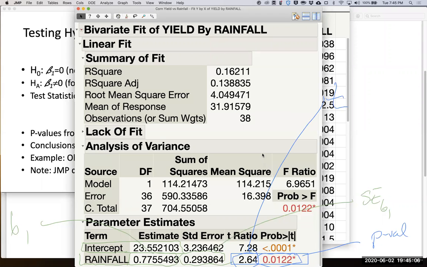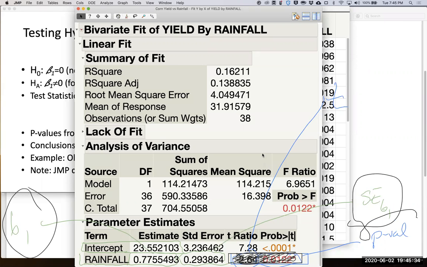Pretend that you have no information about those two bits of information. Suppose you knew none of that. My claim is from just the slope and just the standard error, we could get to a test statistic T and then the p-value. So let's see how that could occur.